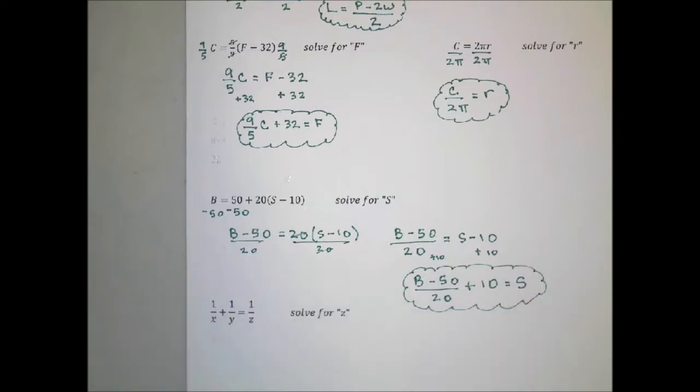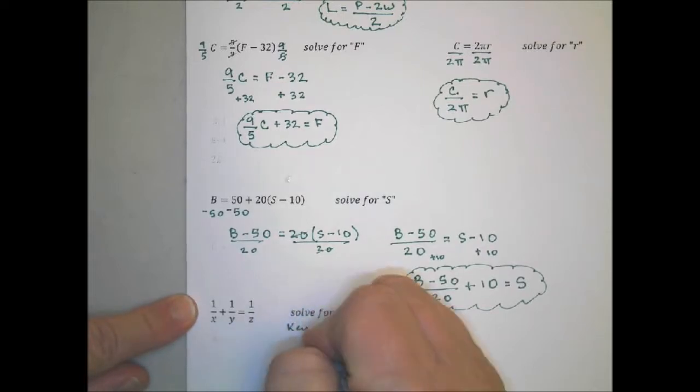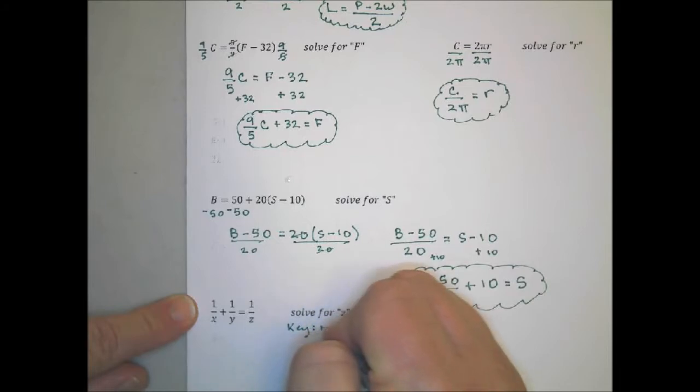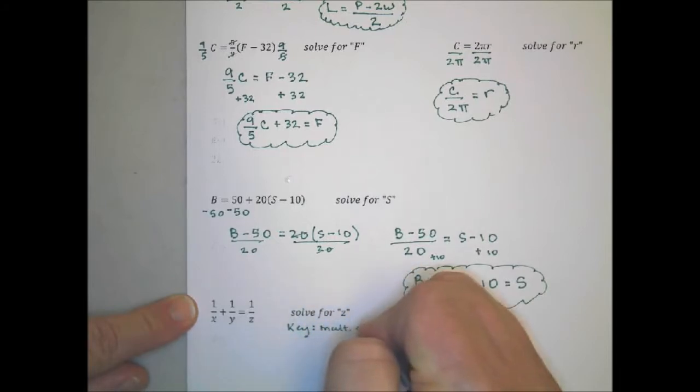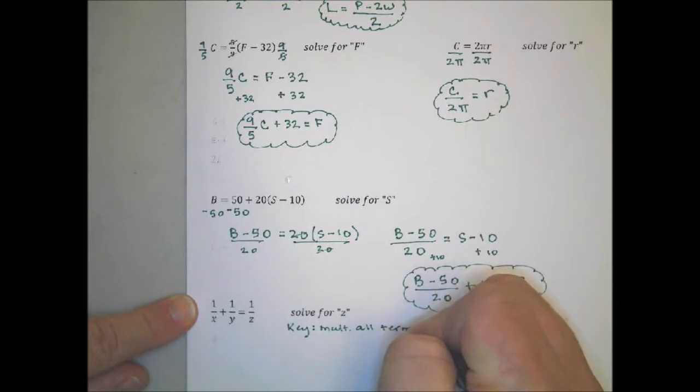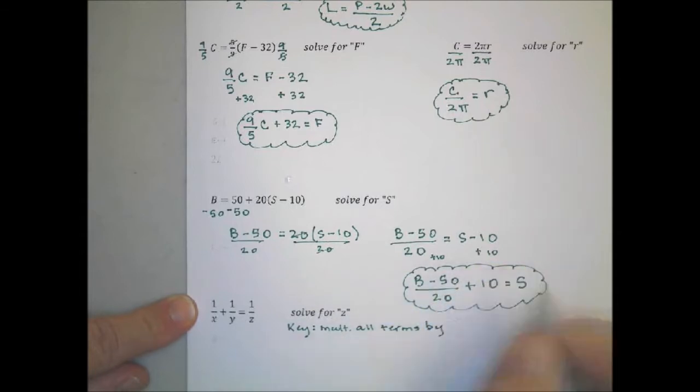Now this last problem, 1 over x plus 1 over y plus 1 over z, if I want to solve for z, okay, the key is multiply all terms by the least common multiple, which would be x, y, z. So that's the key to the problem.